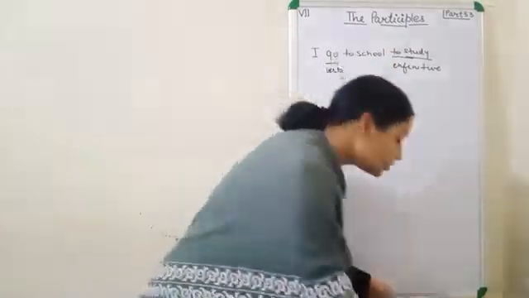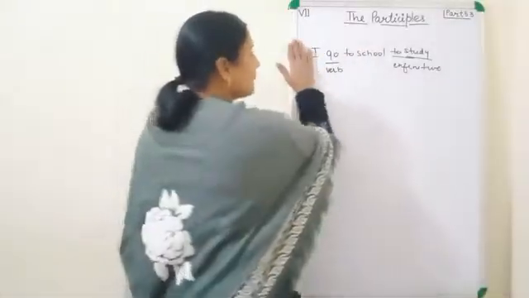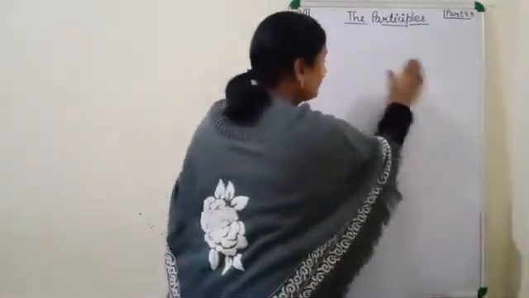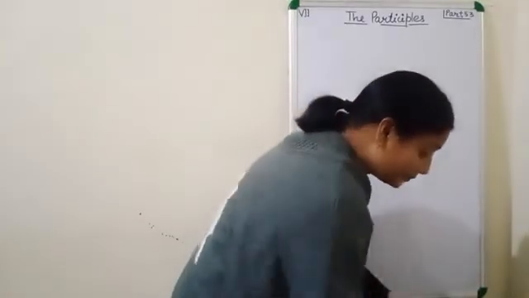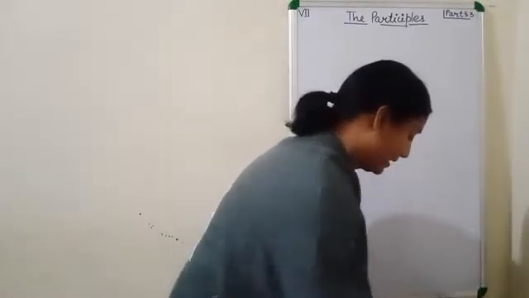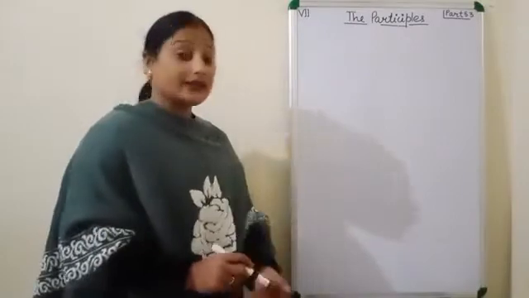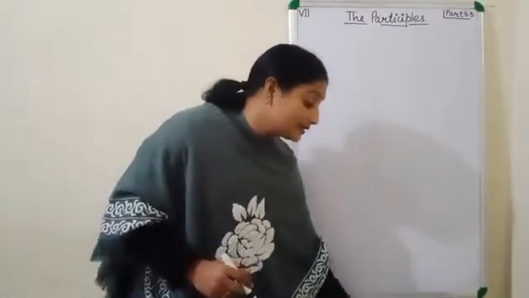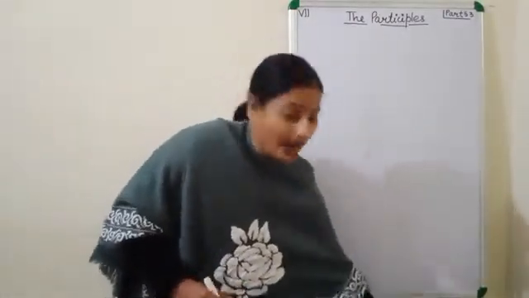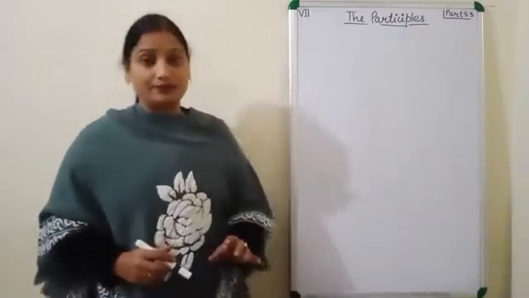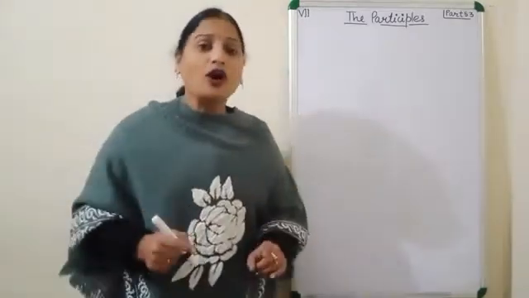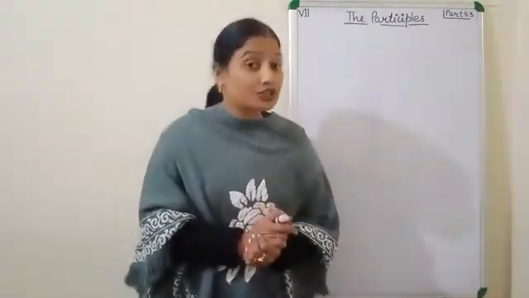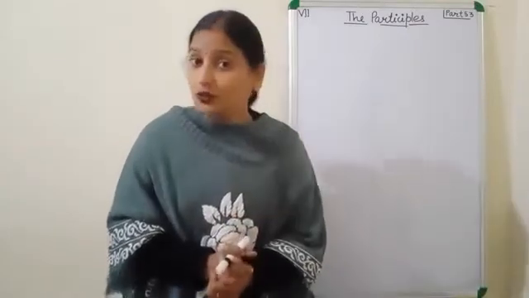Now, today we will see the next point, and the next point is the participle. So let's begin with the participle. What is this participle? Actually, as I told you children, all these terms are also called imposters. Reason? They all look like a verb, but actually they are not verbs.